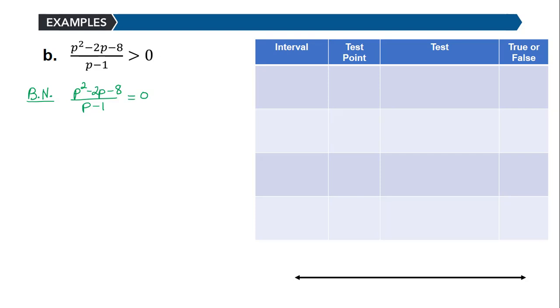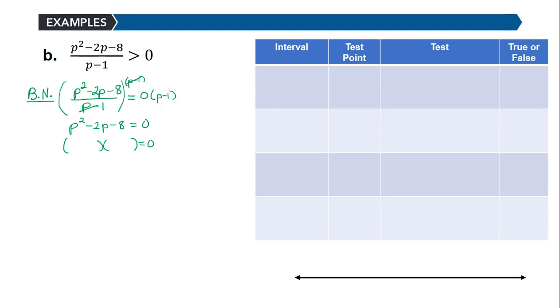And we can solve this by multiplying by the least common denominator of p minus 1. And when we multiply each side by that, we are left with p squared minus 2p minus 8 is equal to 0. So we have a quadratic equation that we can solve by factoring.